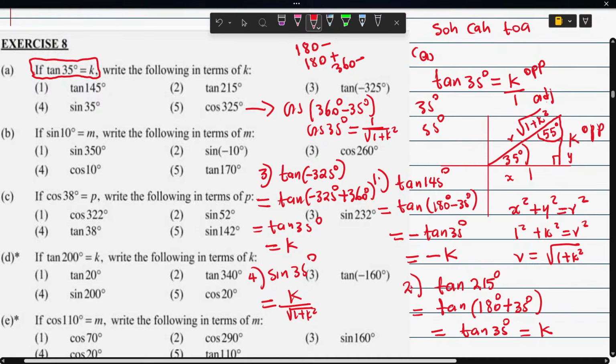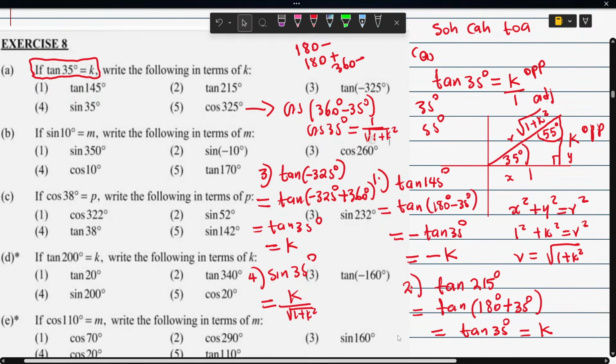Yes, understood, understood, understood. I can see people understanding. Let's go to the next part.